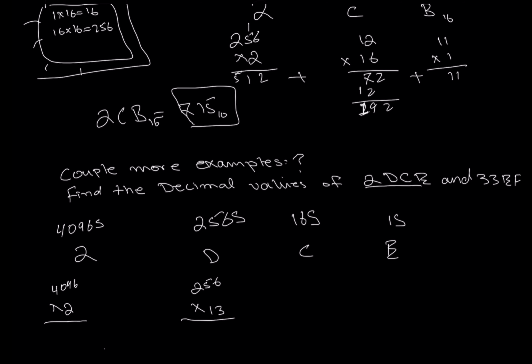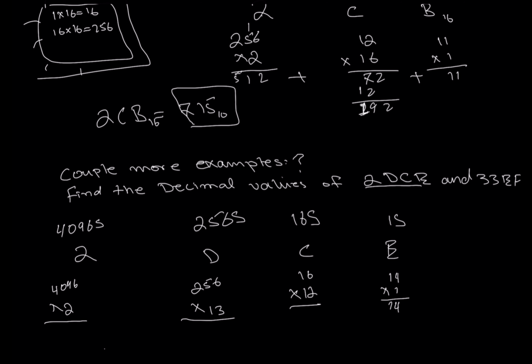And C, as before D is C, so it'll be 12 times 16. And what is E? E is 14. So 14 times 1. I know that from my head, that's 14.